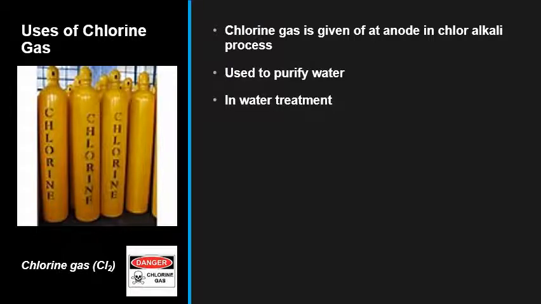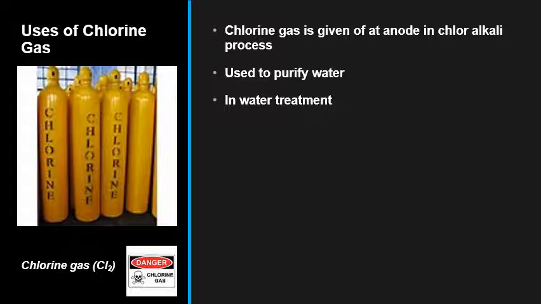So what is the use of this chlorine? You might have noticed the smell of the GVMC water or the municipal water, isn't it? It will be chlorinated water to purify the water, or to treat the water, to kill the germs.